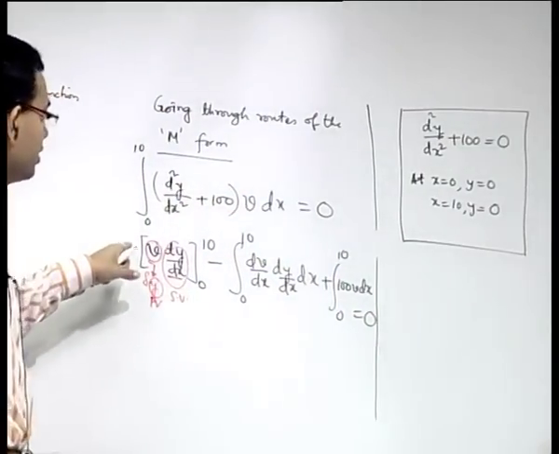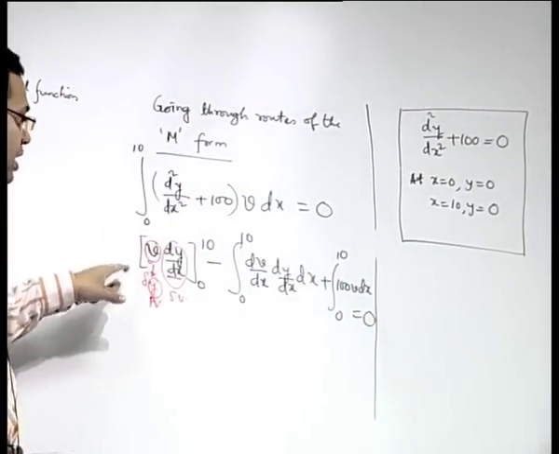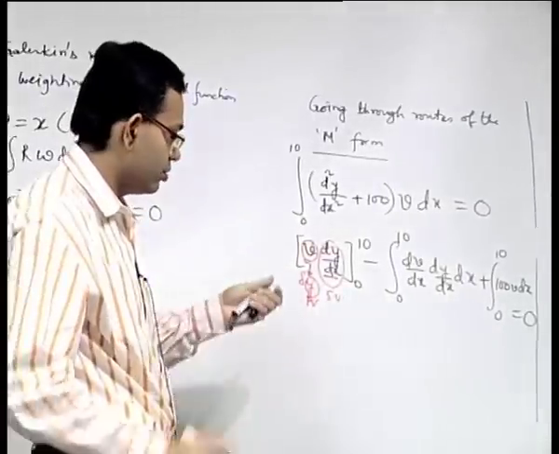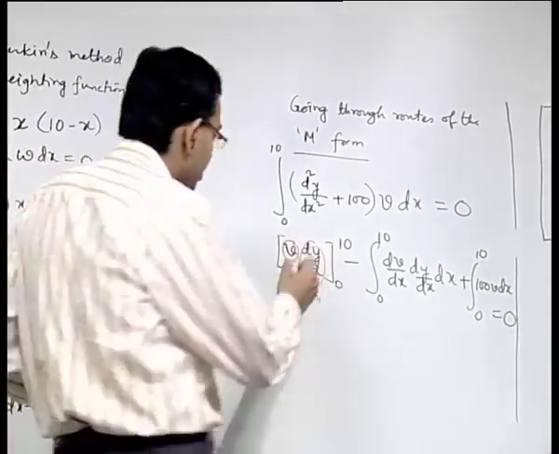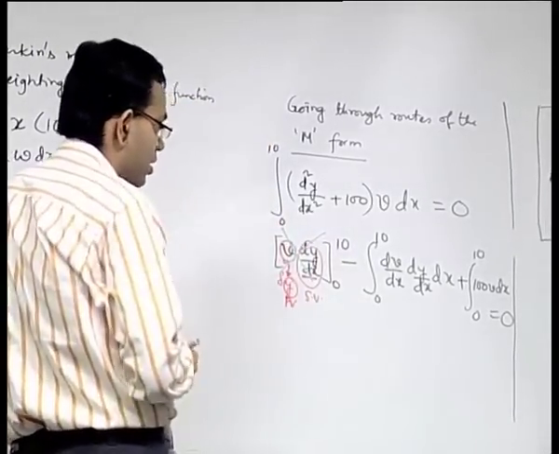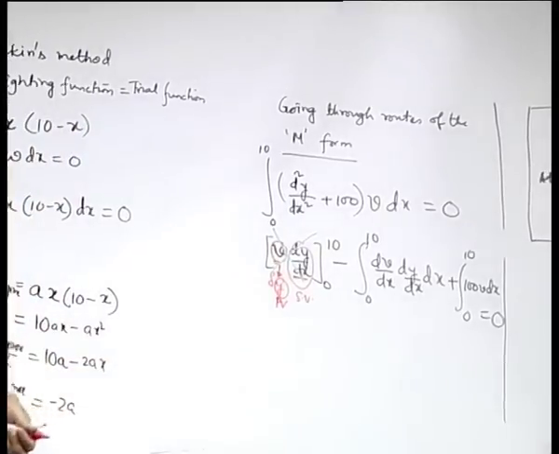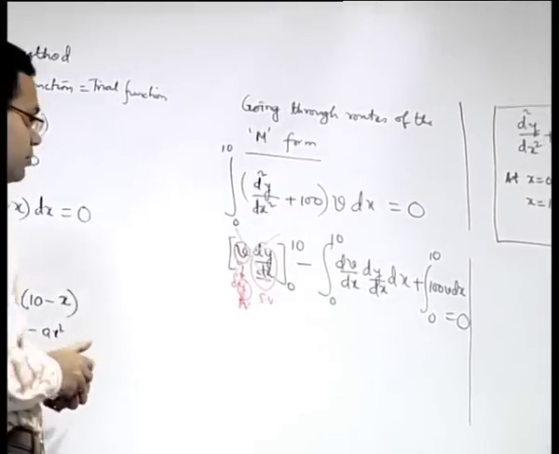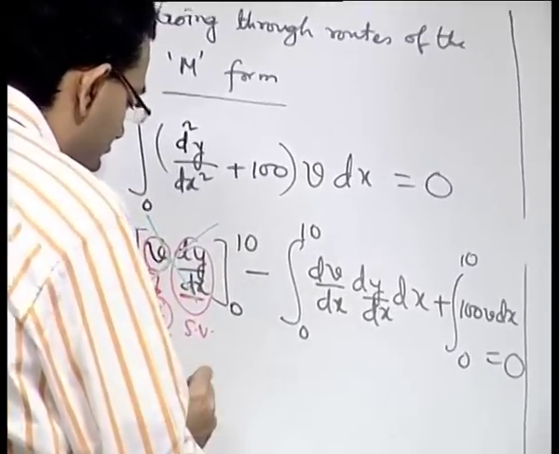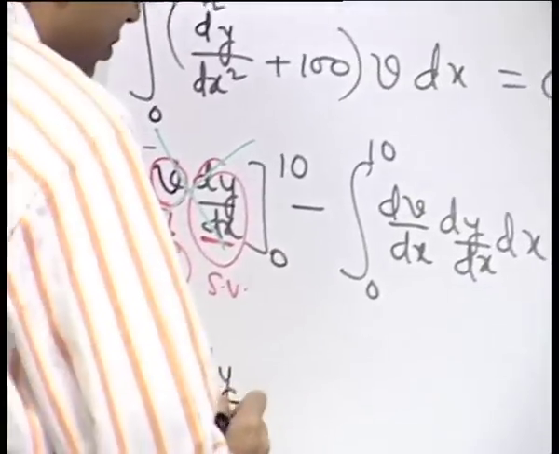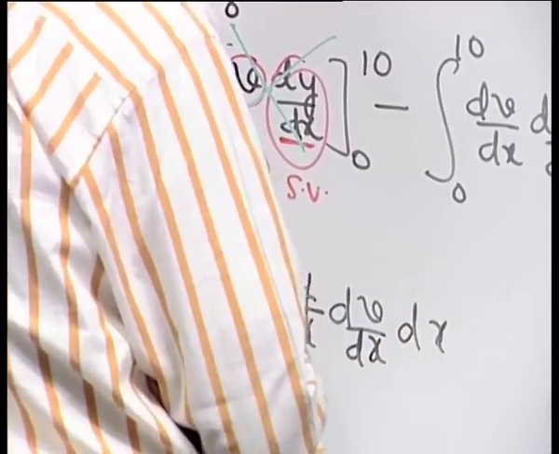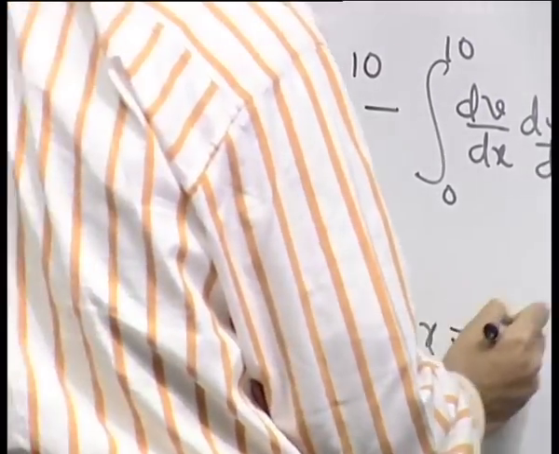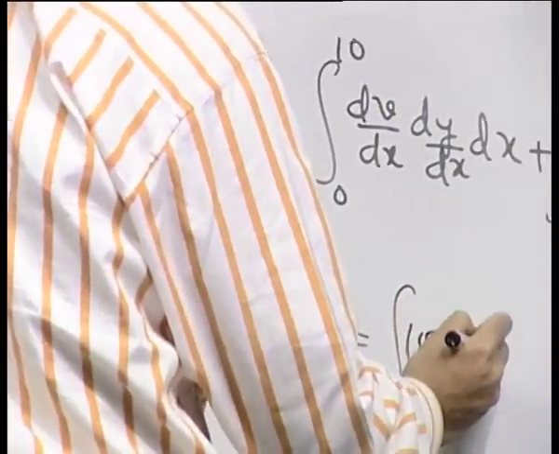So, that means you have V equal to 0 at both x equal to 0 and x equal to 10. So, this boundary term becomes 0. Once this term becomes 0, you are left with integral of dy/dx dv/dx between 0 to 10 is equal to integral of 100 v dx.